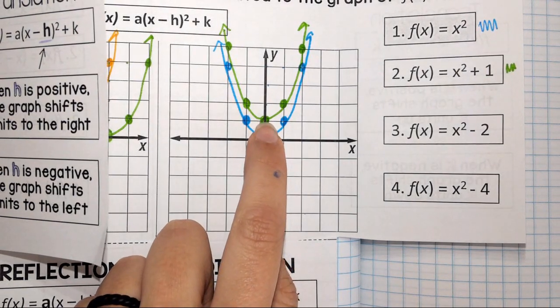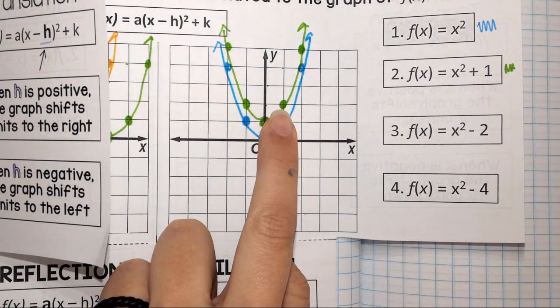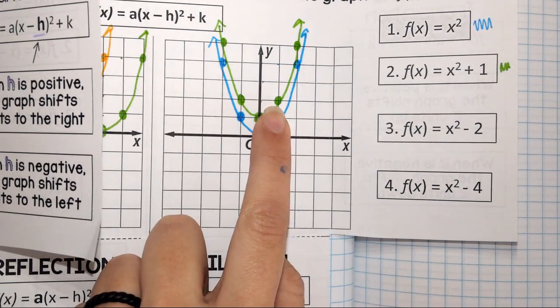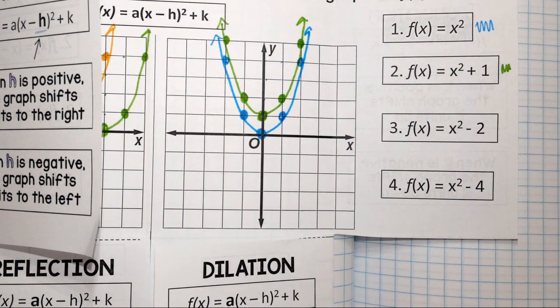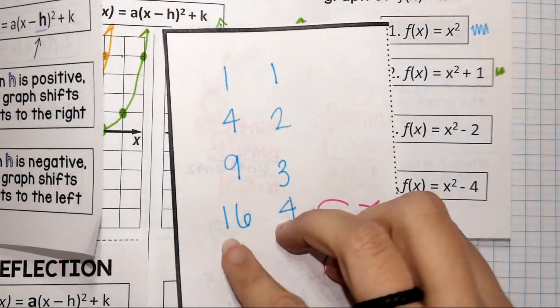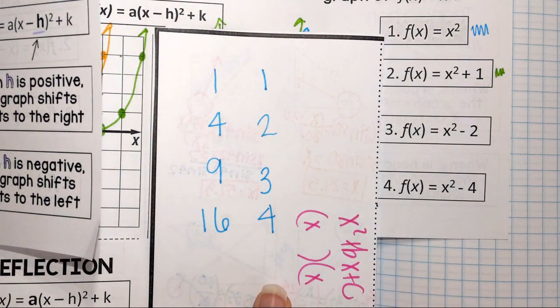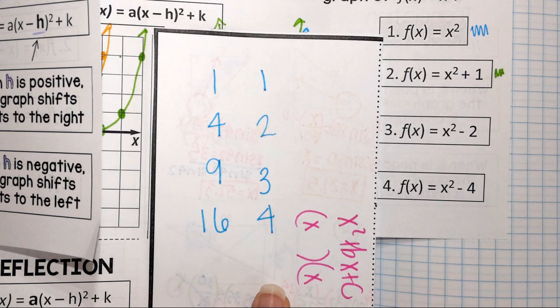Yeah, I got the one part, but where'd you get 16? Do you know what our perfect squares are? 1, 4, 9, 16, 25, 36, 49.